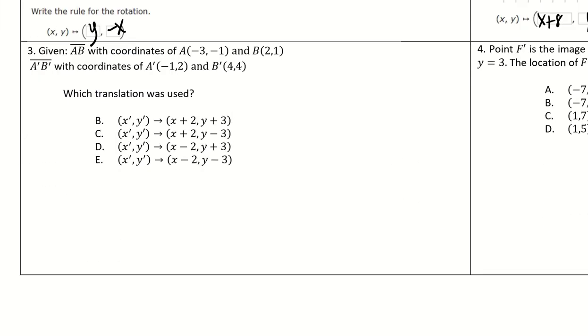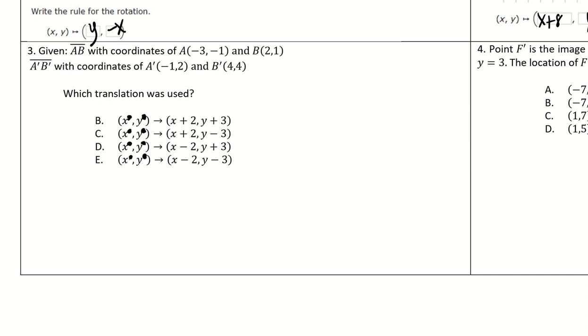All right, number 3, given AB with those coordinates and A prime, B prime with those coordinates, which translation was used? This is a typo, by the way. These should just be x and y, not x prime, y prime, so just ignore the primes there.